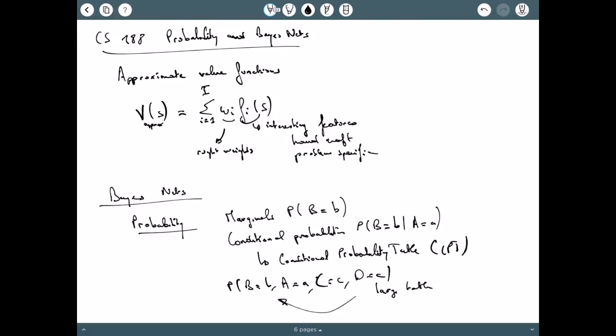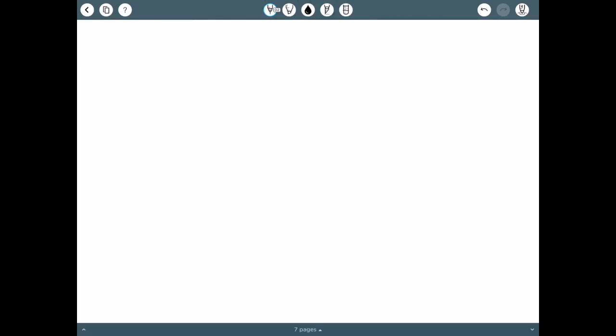It will need as many dimensions in my table as I have variables. So what we may want to do is decompose these tables and leverage a couple of assumptions we can make on our random variables.